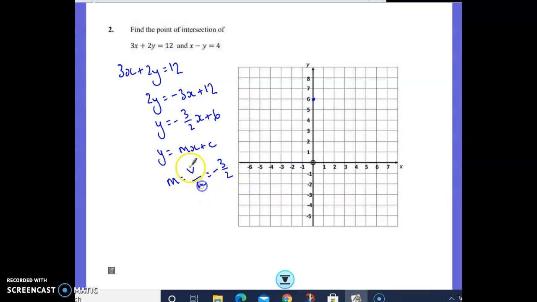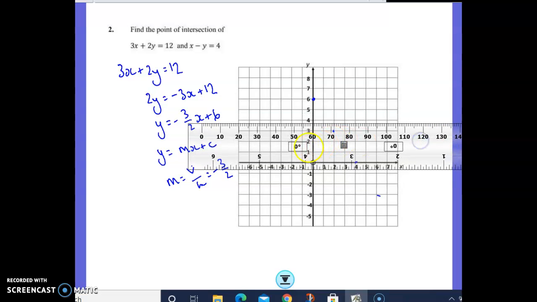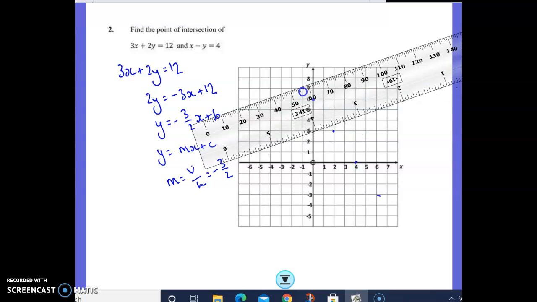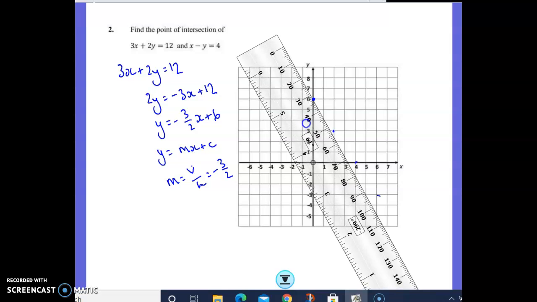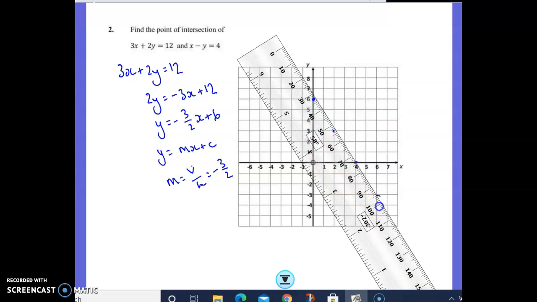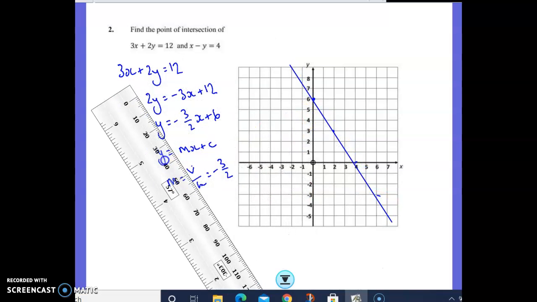So that means every time I go 2 horizontally, I go down 3. So I've got along 2, down 3, along 2, down 3. Let's try the ruler again. There we go, that's not too bad. It's not 100% accurate, but we're close enough to find out where a point of intersection is supposed to be.